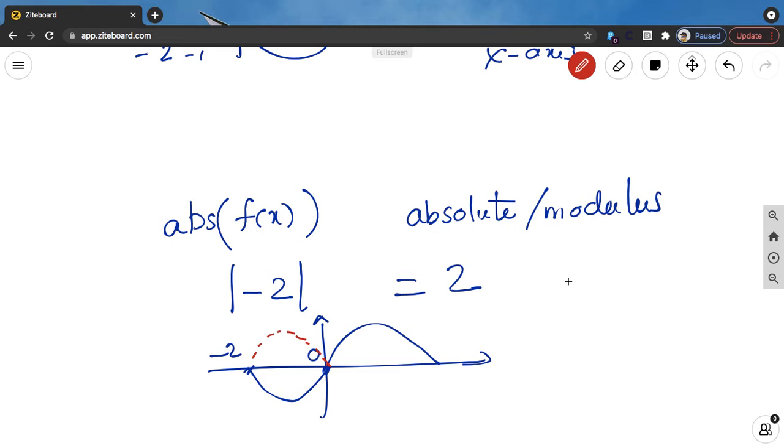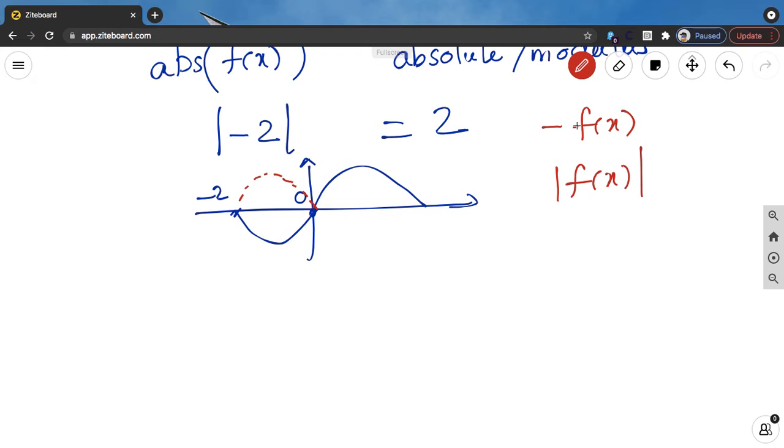Do you see the difference between minus f of x and absolute value of f of x? In minus f of x, what was above the x-axis came below and what was below the x-axis came above. So there was a reflection. But when I do modulus of f of x, only the negative part of the function comes above the x-axis. Nothing changes on the positive side.